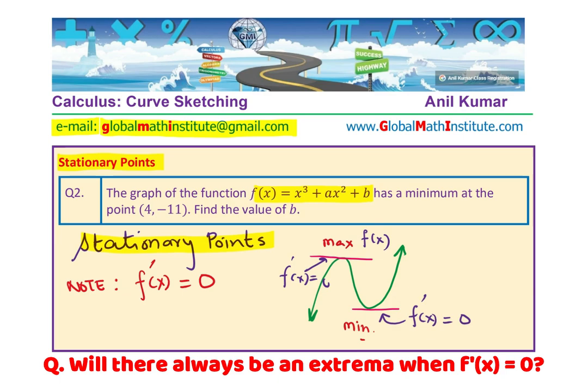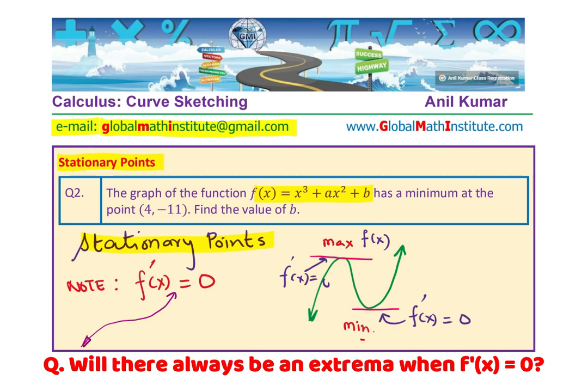With the example given, you might think that at a stationary point, we always have a maximum or minimum. My question to you is, is that true? Well, that is not always true. Let us consider a case, right? For example, this time I'm giving you a function which is kind of like this.